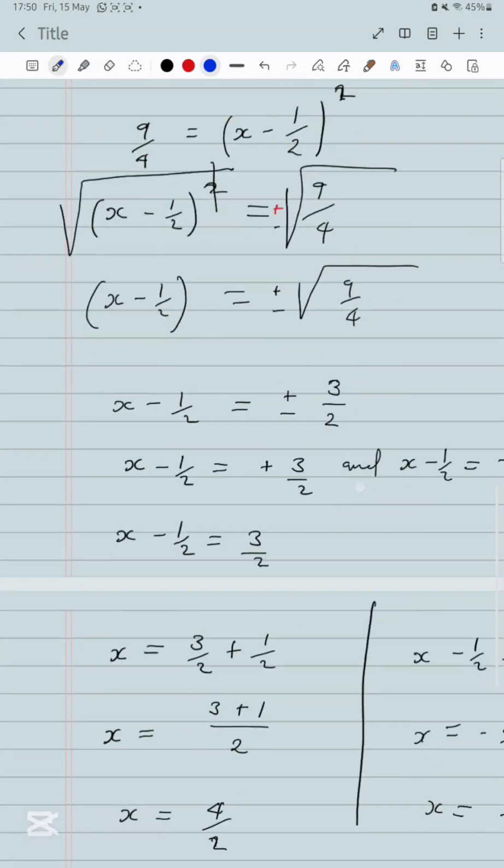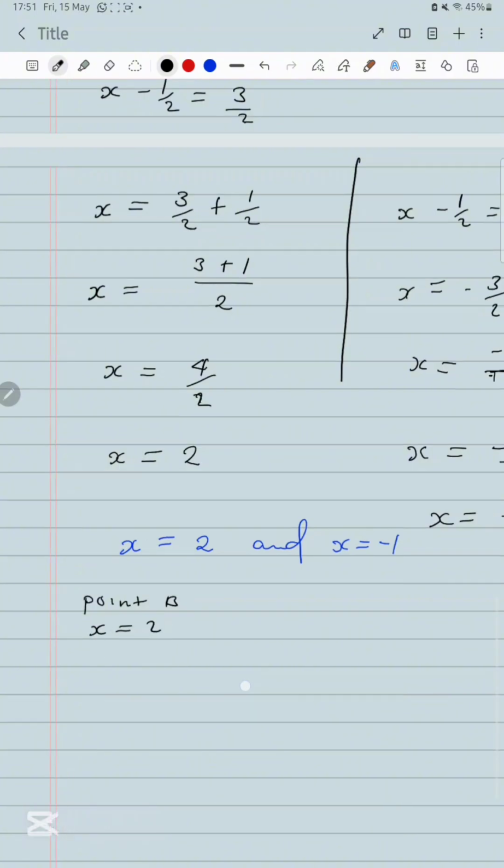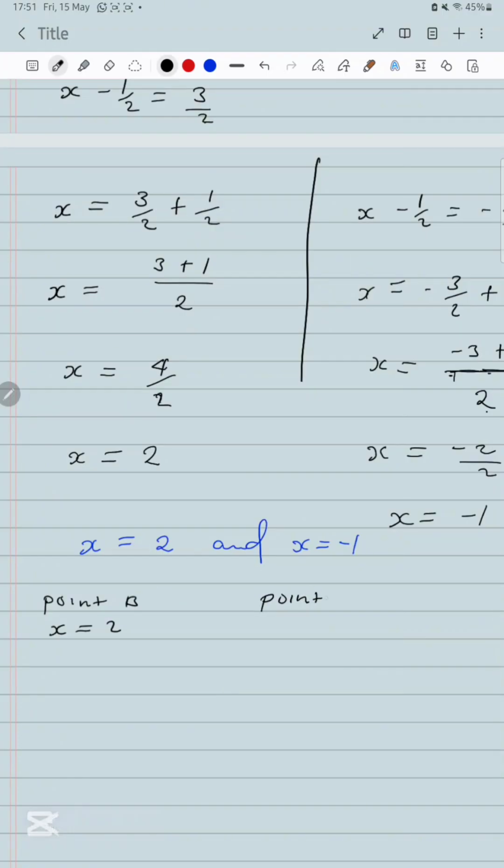So this means that our coordinates, let's just say point B, x is equal to 2, then point A, x is equal to -1, meaning we are done. That was a simple question indeed. Let's dive into the last part.